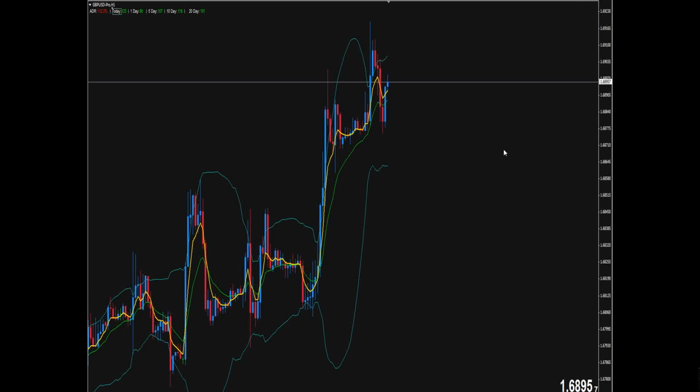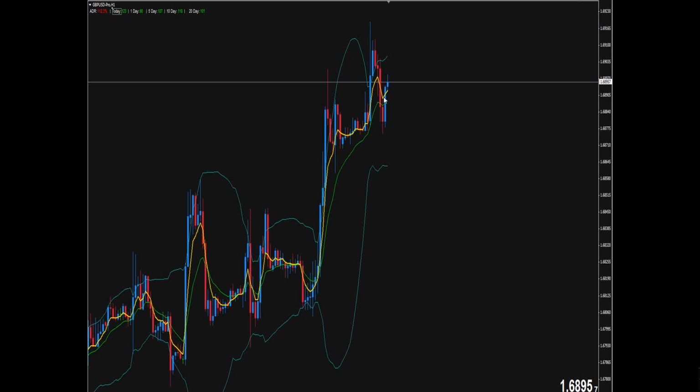Okay. Now this method cost $500 back in 2011. And look at this method. Now this is a simple method. You have 5 and 13 EMAs, and you basically wait for a hit of the Bollinger Band and for a cross of EMAs to make an entry.